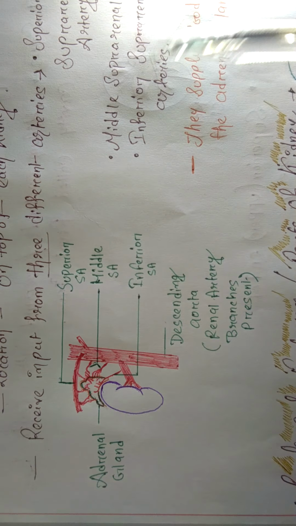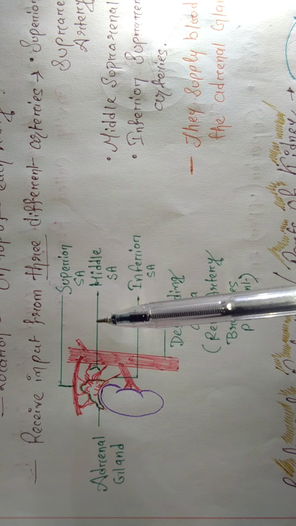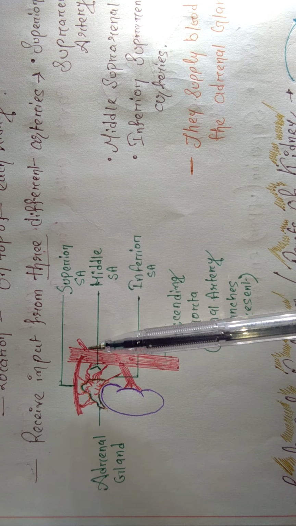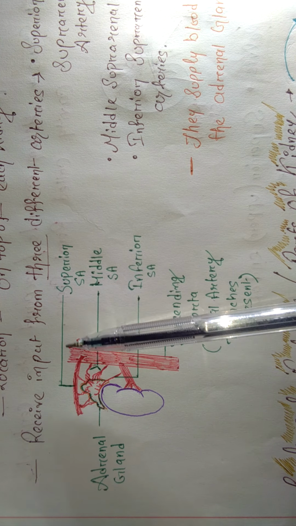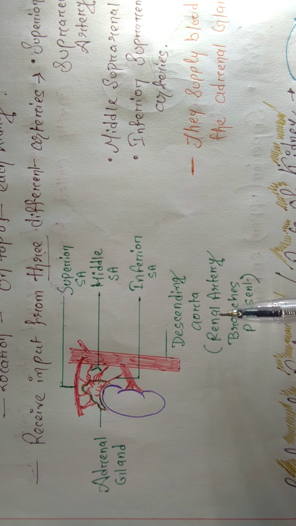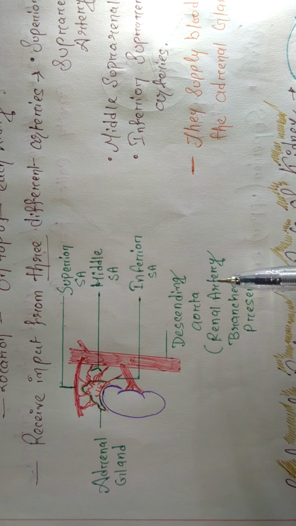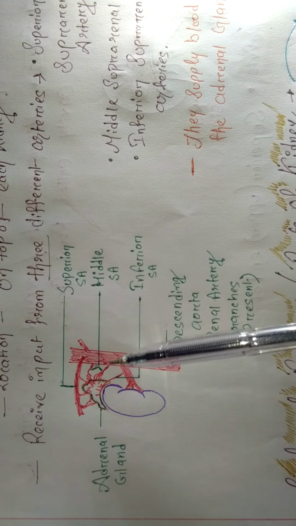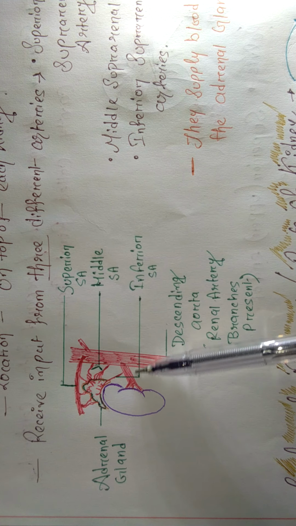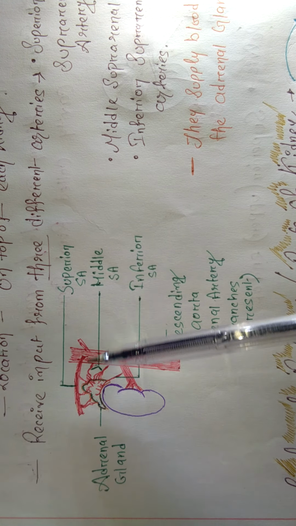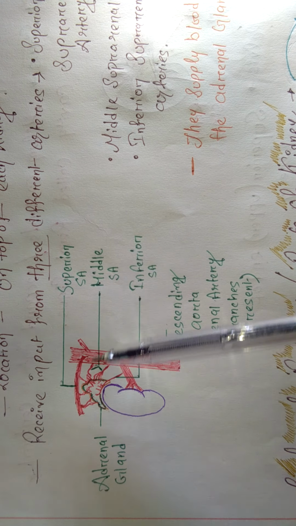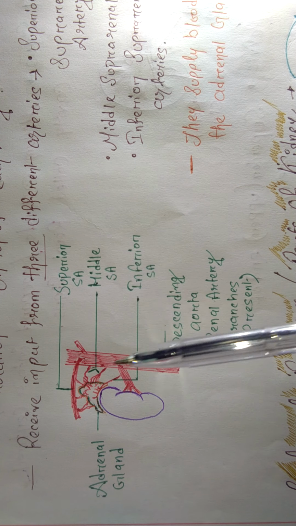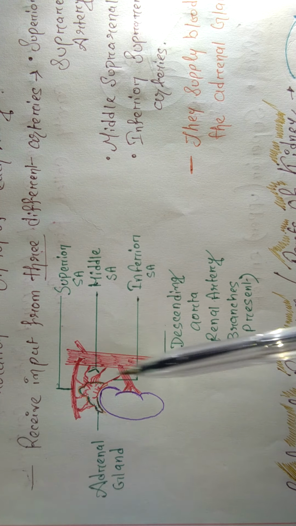Now let's see in the diagram, it will make you clear. This is the descending aorta. Inside the descending aorta we have branches of renal arteries. Renal arteries take the oxygenated blood from the heart through the aorta.